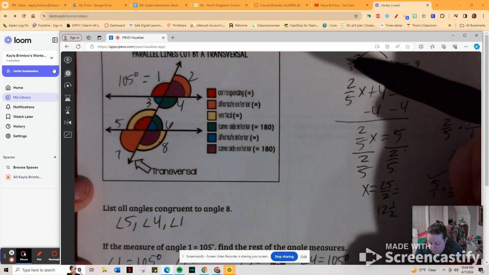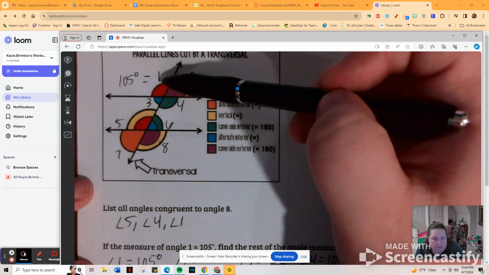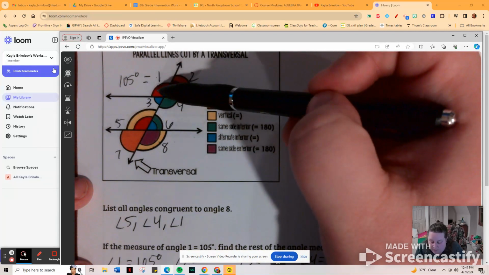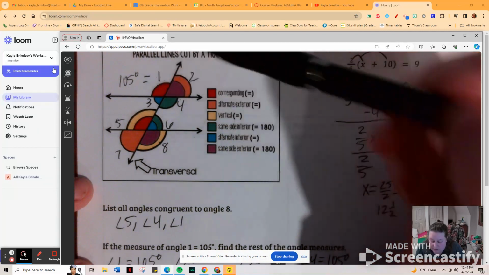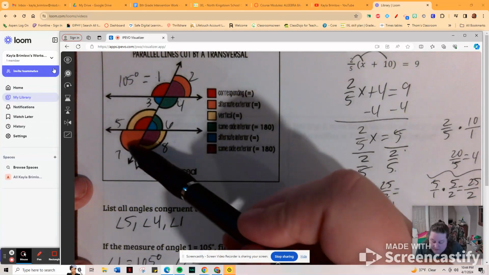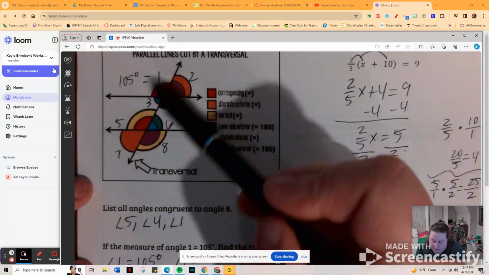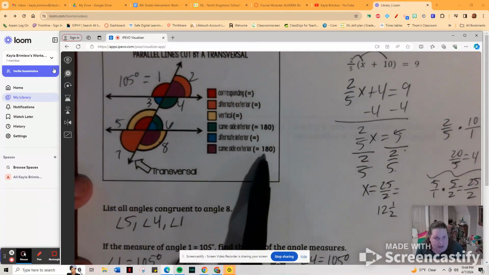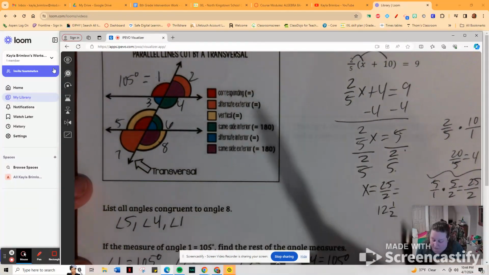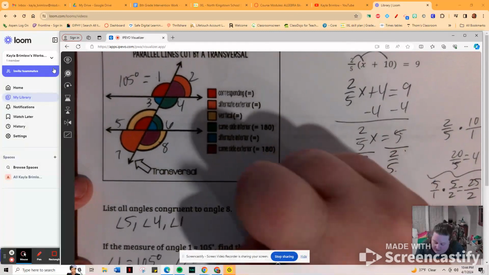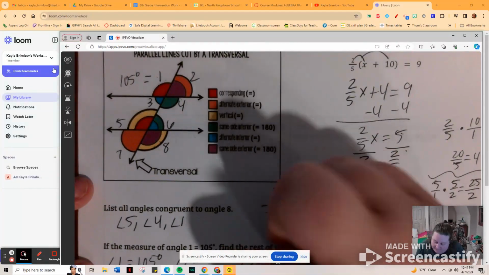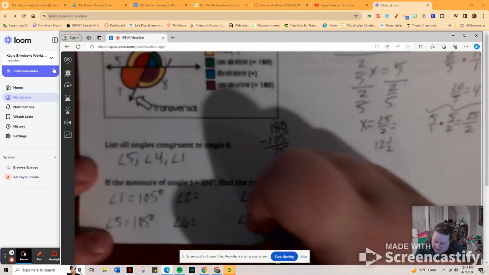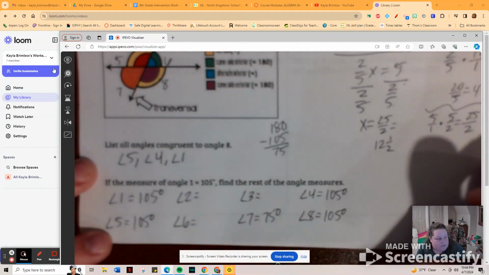So going back to angle 1, which was given to us, 105 degrees, angle 1 and angle 7 are an example of same side exterior. Same side exterior add up to equal 180 degrees. So if I take 180 and subtract 105, that leaves me with 75. So that means angle 7 is 75 degrees.